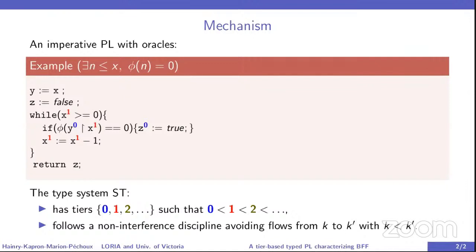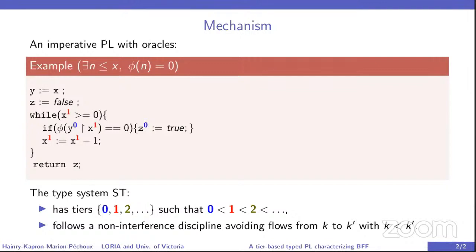So for example, here is a really short program that decides whether there's an n smaller than the input x for which the oracle gives 0.